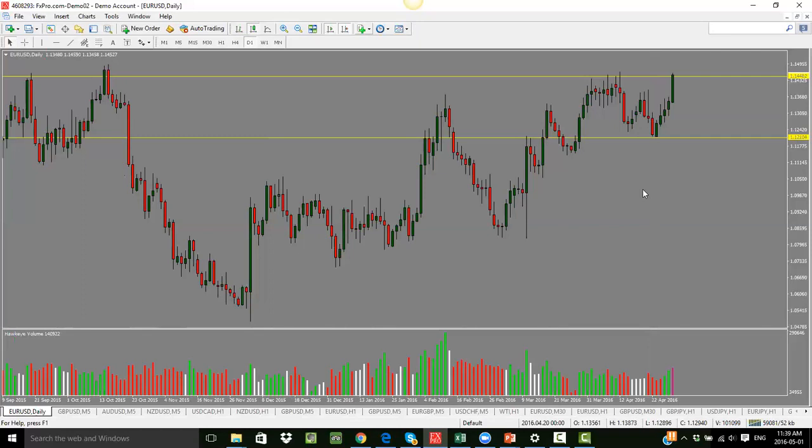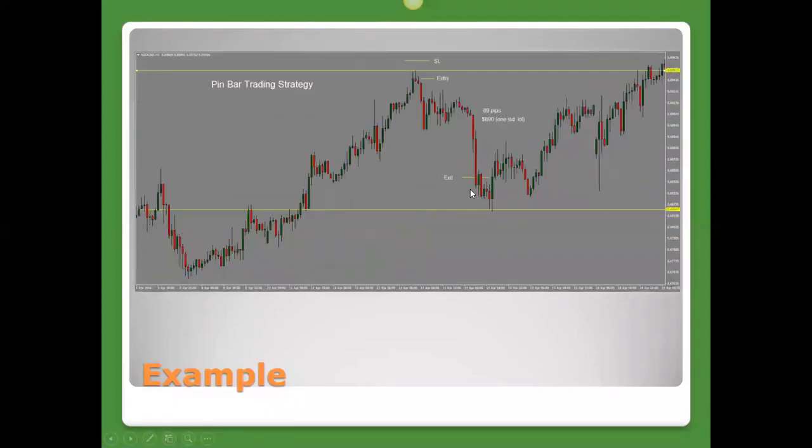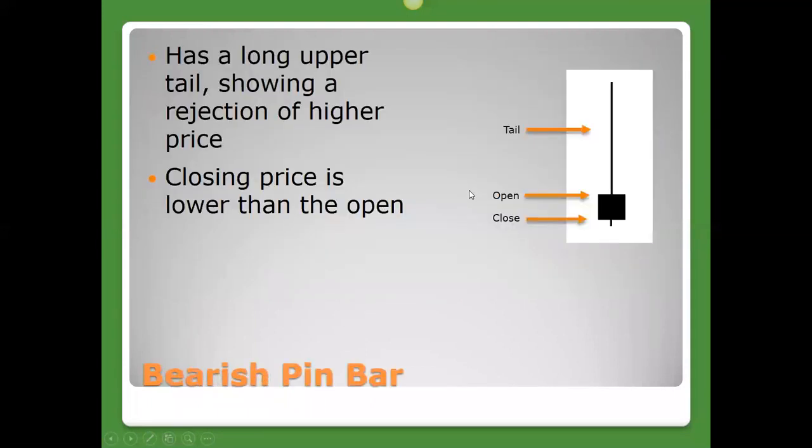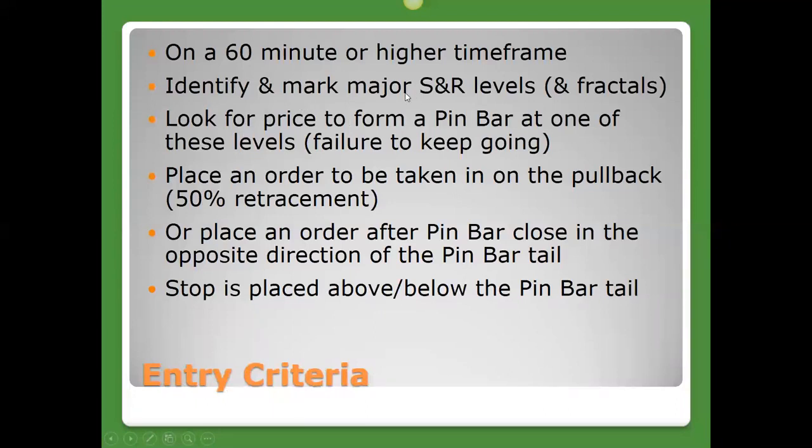But it is a very simple strategy, because all you're looking for is a few different criteria. The first one is a key support and resistance level. So mark your support and resistance level, and the second criteria you're looking for is a pin bar. Going back to our chart here, the first criteria is a strong support and resistance, and then you're looking at a 60-minute or higher, longer-term time frame for a pin bar to form at that level.